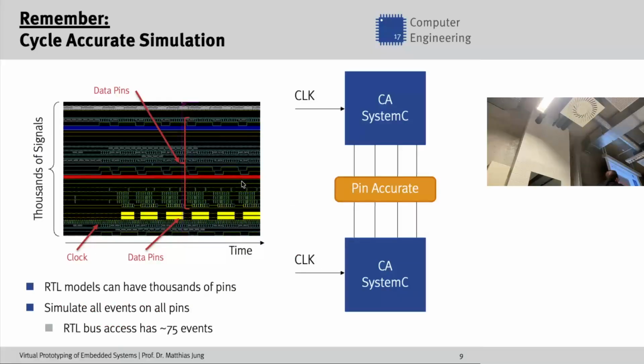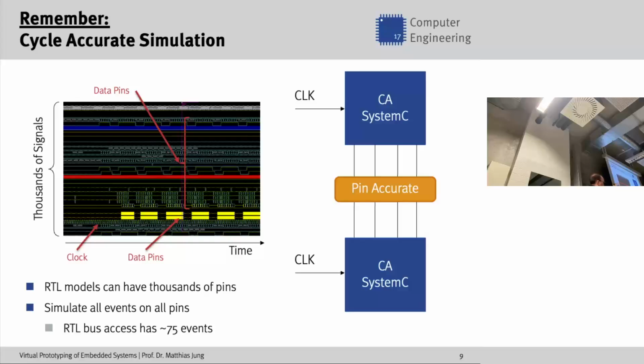Okay, so that's RTL. So you have your cycle accurate model and you use a clock. Yeah, so here you see the clock, and it's also pin accurate, so you have all the signals that you would have also in reality. And RTL models can have thousands of pins and simulating all events on all pins will make the simulation slow.